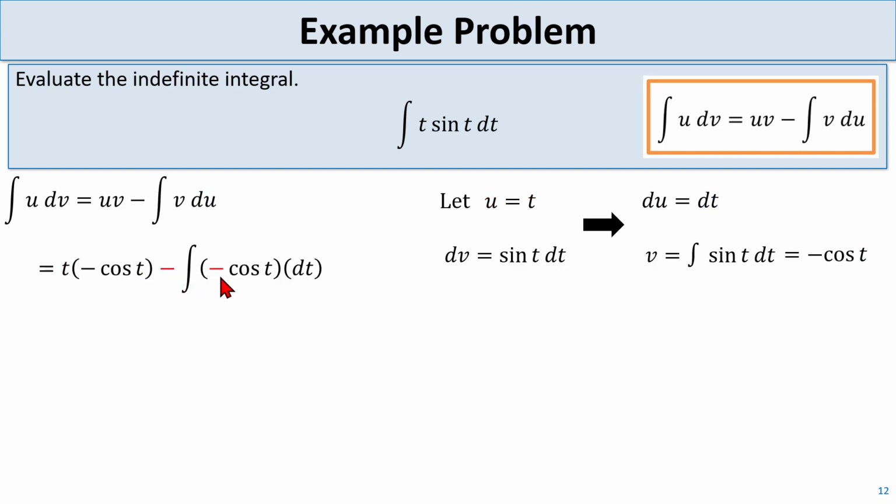In particular, I see a minus minus, and they combine to plus. I also move this minus sign out front. Next, we have this new simpler integral, the integral of cosine of t. That is just one of our basic integrals. Evaluating that, we get sine of t.